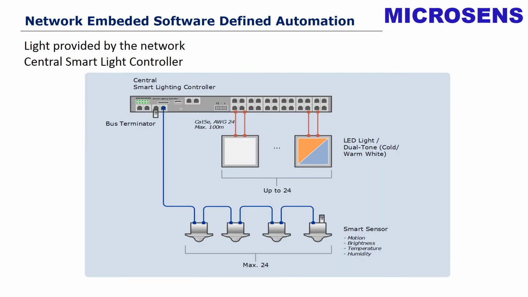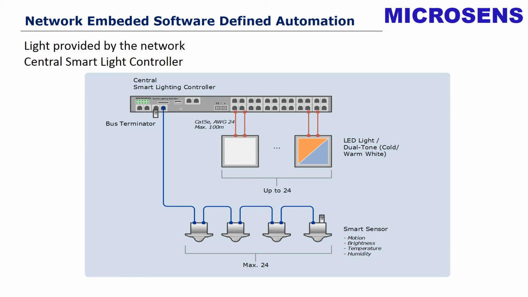In addition to this, we have also a DC lighting concept based on the central smart light controller. The big advantage of the central smart light controller is we use the standard CAT cabling for networking, and also for the connection of the lights. We have RJ45 connectors to connect LEDs directly over standard patch cable.